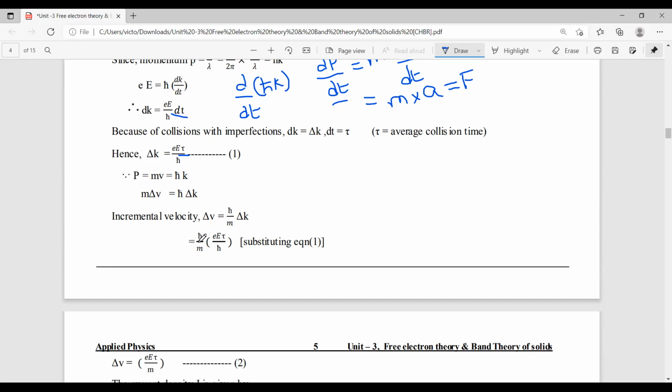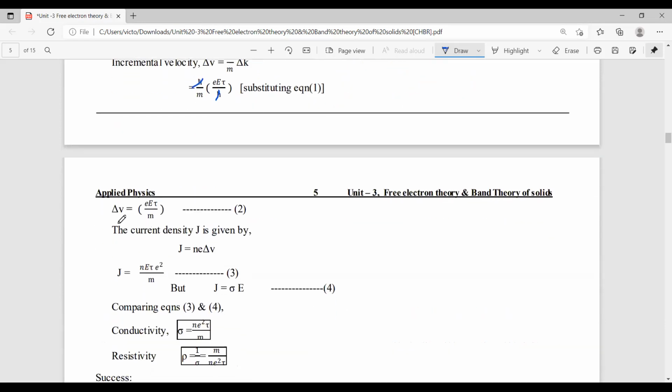Now write h cross by m as it is. Already we found the delta k value, that is small e, capital E, t by h cross. So here h cross and h cross cancel. Then we get delta v, the small change in velocity, is small e, capital E, t by m.